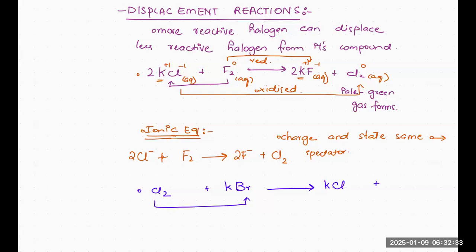What is going to be your observation? You are going to observe that your colorless solution, potassium bromide is colorless, is going to become orange. Bromine, when it is in solution form, tends to have an orange color.